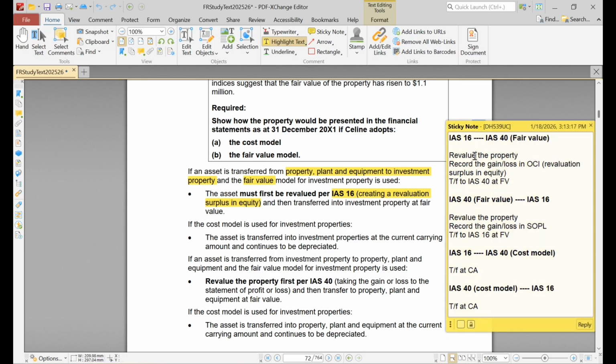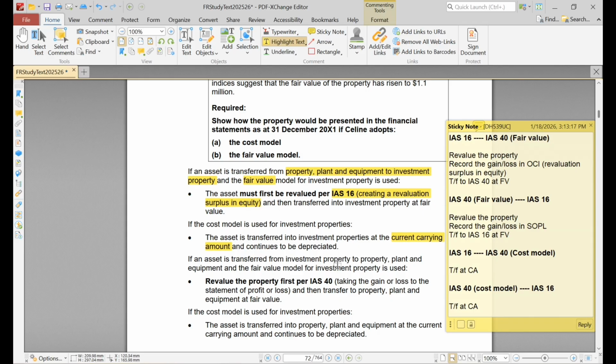So first revalue it, record the gain or loss in OCI, and then record it in IAS 40 at the fair value. If the cost model is used, then the asset is transferred into investment property at current carrying amount and continues to be depreciated. Nothing complex.